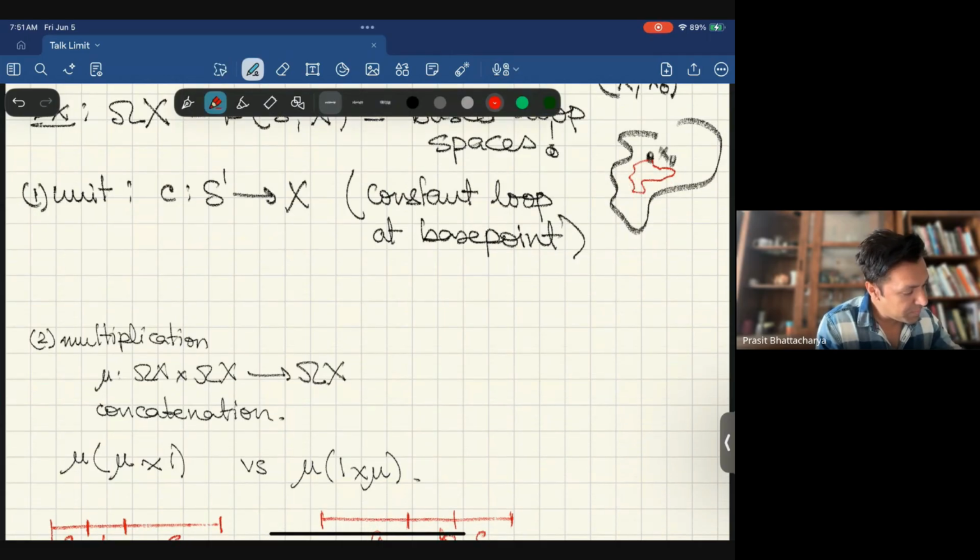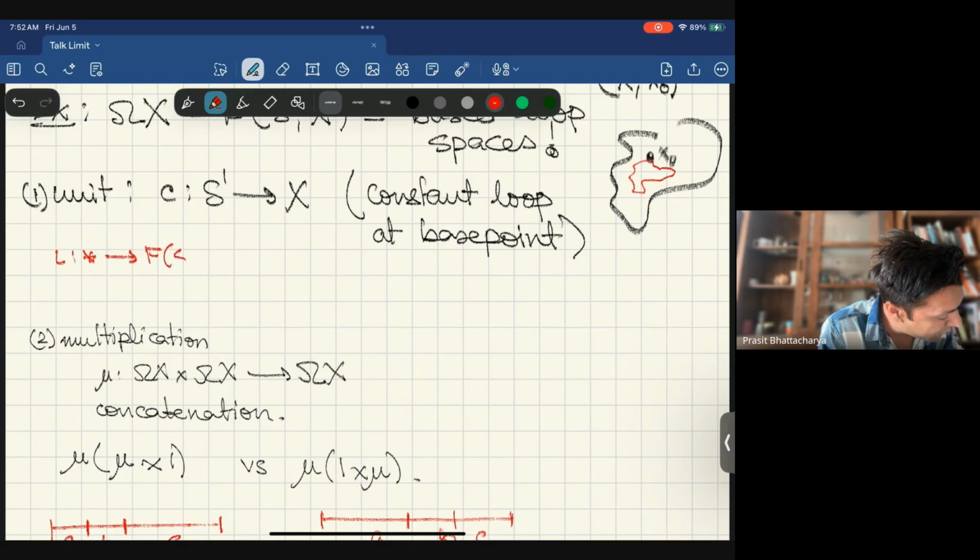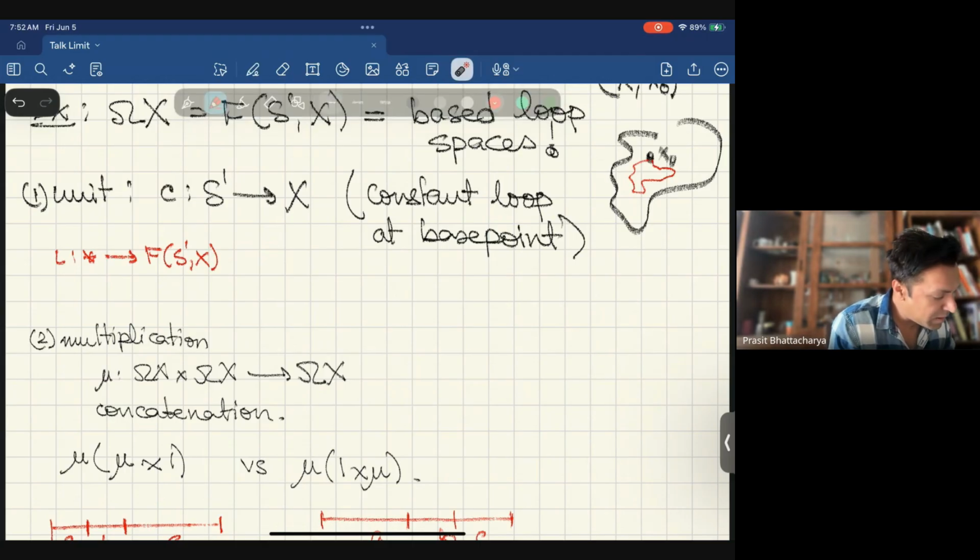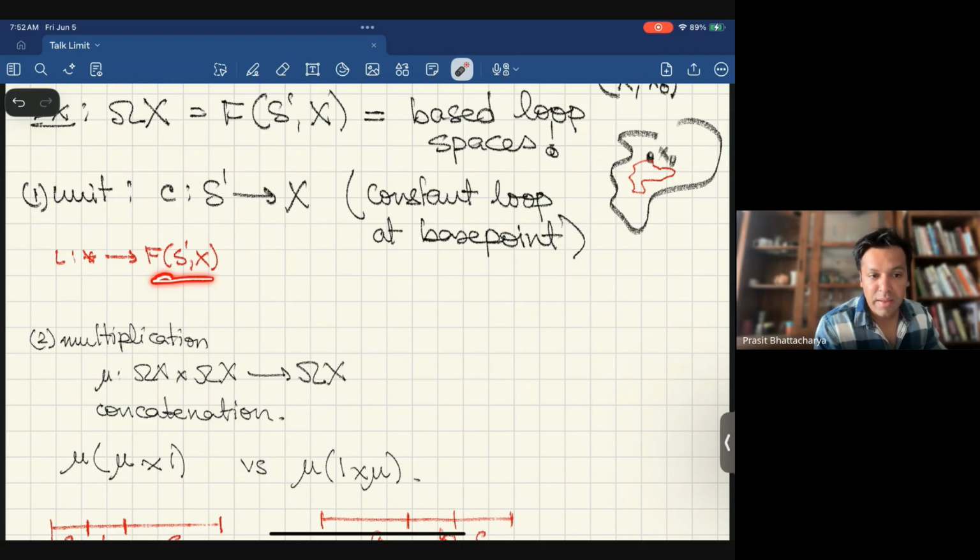Of course, a unit map should be a map from a point to the function space of S1 into X. Basically what it means is I'm picking a very specific loop in this loop space to be the unit, and that unit I pick to be the constant loop at the base point X0, a map from S1 to X where you just stay at X0.